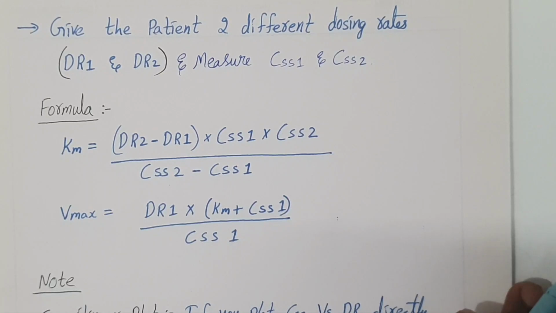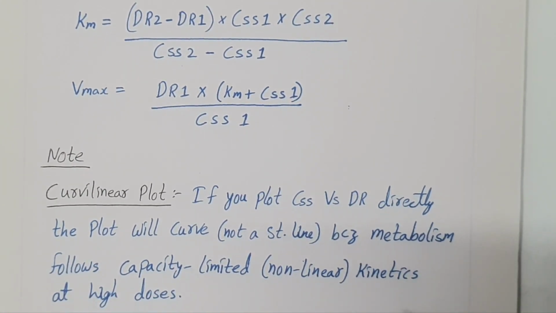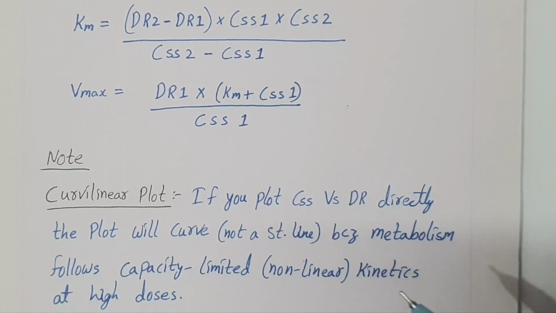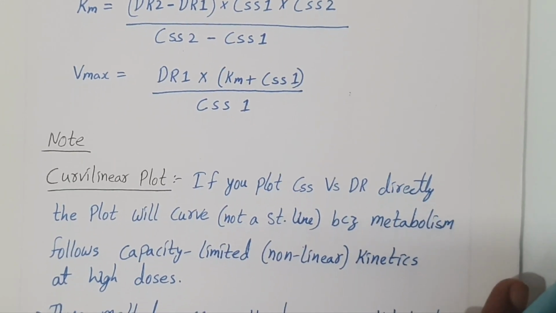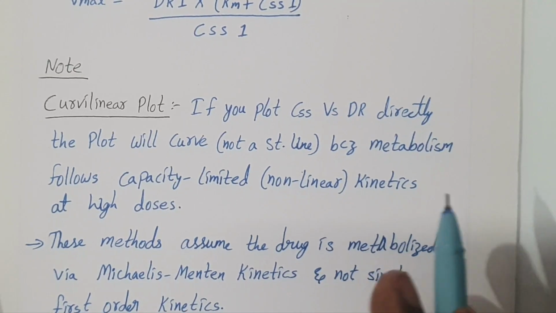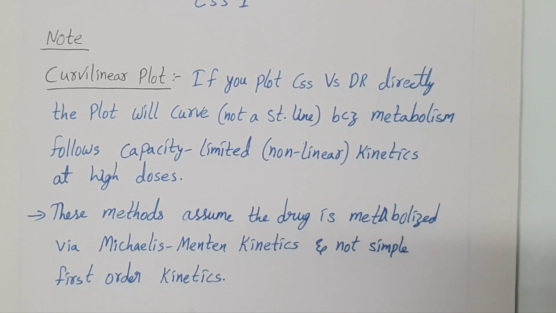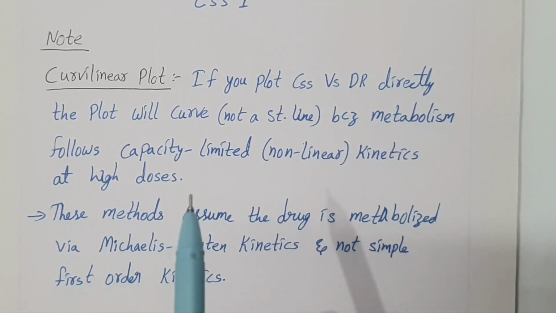And note that the curvilinear Css versus DR plot is for observation only. If you directly plot Css on the y-axis versus DR on the x-axis, you will notice at low doses a linear relationship.